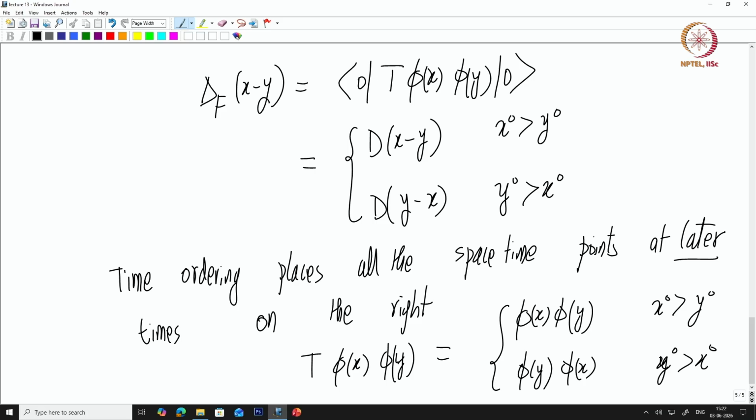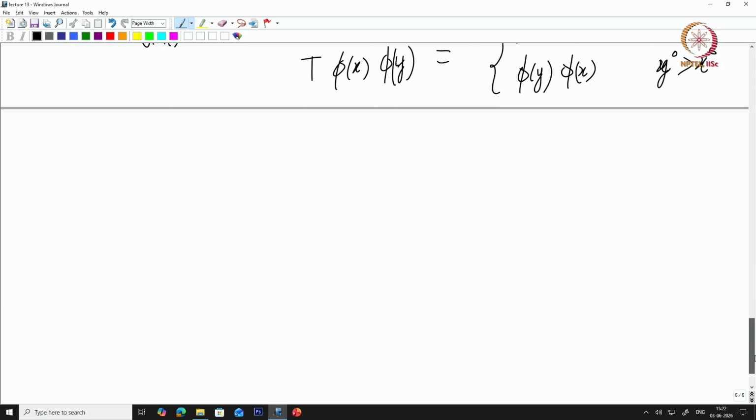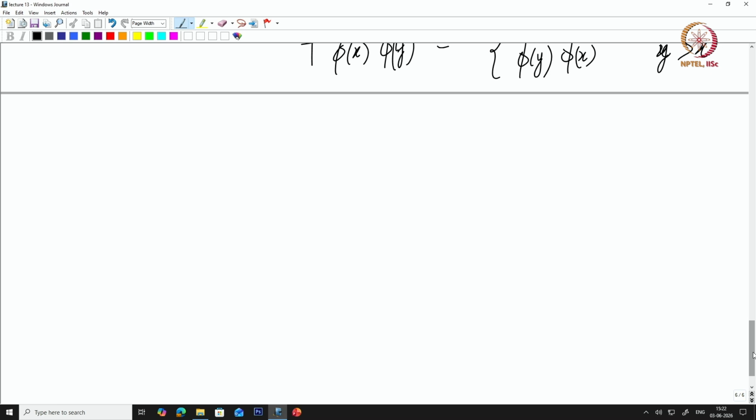Now for this Feynman propagator, there is a momentum representation, which is highly useful because we do most of the calculation in momentum space.